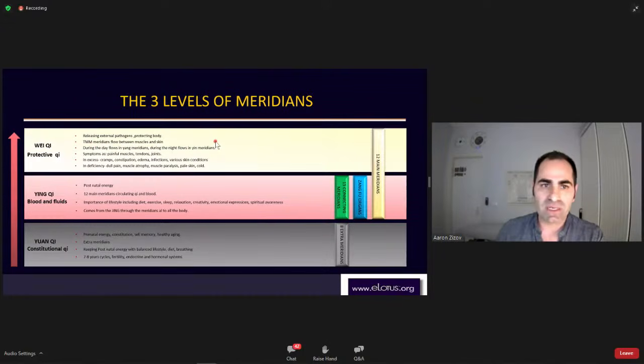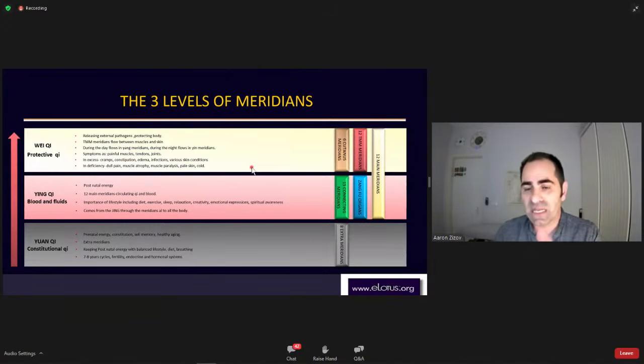On this level, the idea is to release the pathogen, to protect the body, working with the TMM meridians, 12 TMM and 6 cutaneous meridians or areas. We also have the 12 divergent meridians that go out from the main channels.